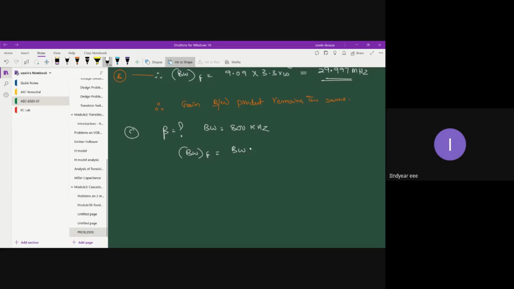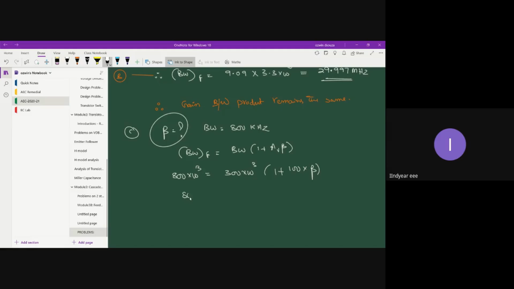BWF is equal to BW into 1 plus AV into beta. So BWF they have already given, right? That is 800 kilohertz into 10 to the power 3 is equal to BW. BW in the data is given as 300 kilohertz. So 300 into 10 to the power 3 into 1 plus AV. AV is 100 and beta is unknown. That is what we are supposed to find out.